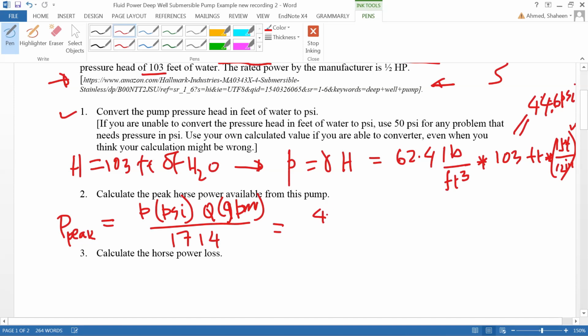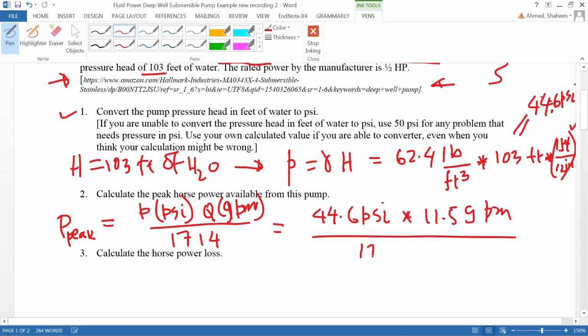So we calculated 44.6 psi pressure times the flow rate 11.5 gallons per minute, then divide by 1714. I have calculated about 0.3 horsepower. Now the horsepower loss: this is a half horsepower pump, so 0.5 horsepower minus the delivery, which is 0.3, so the loss will be 0.2 horsepower.